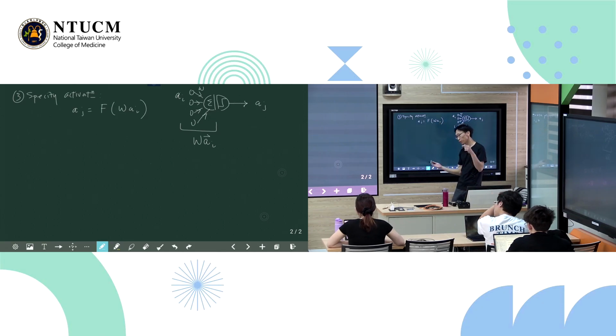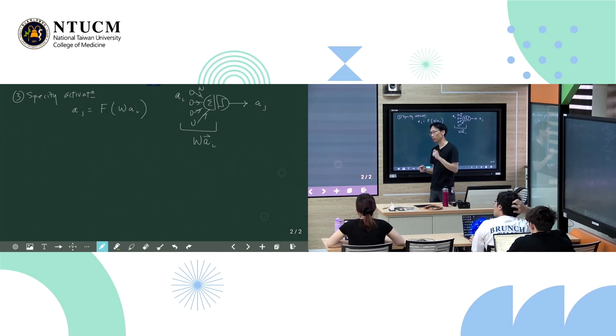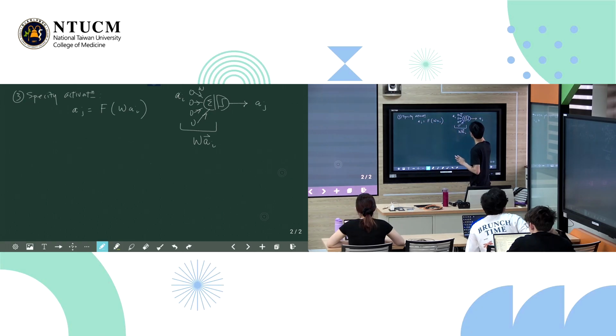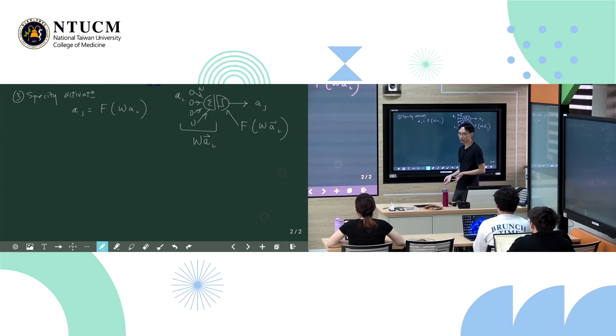You sum all the products of the inputs by their respective connection weights. And then the F here is, you take that pre-activation state and then you apply a nonlinear function.